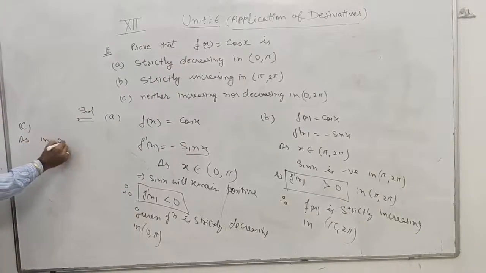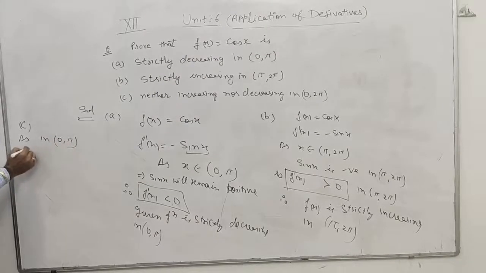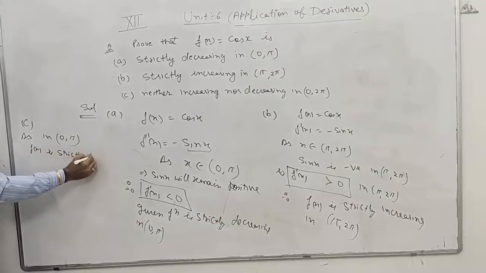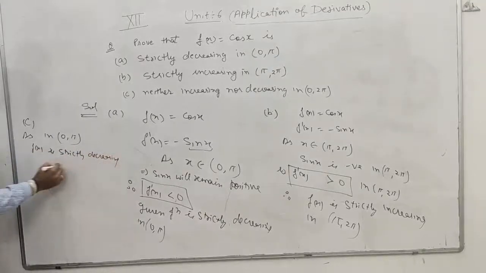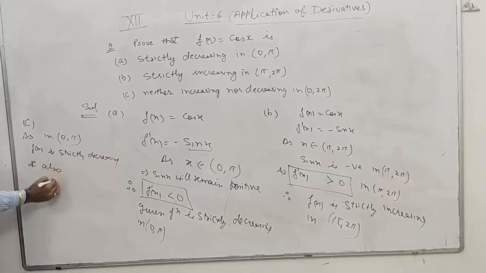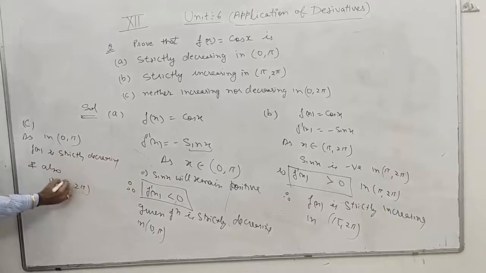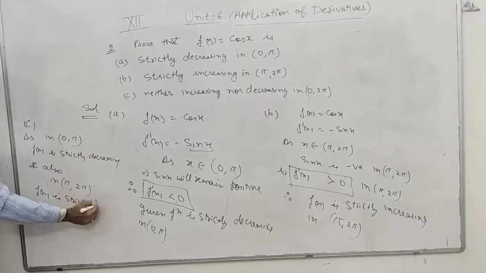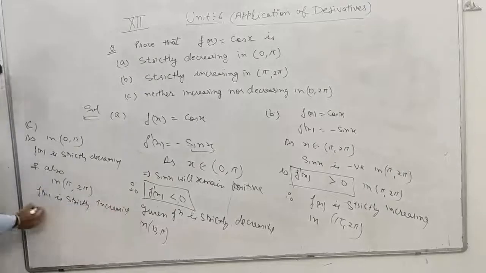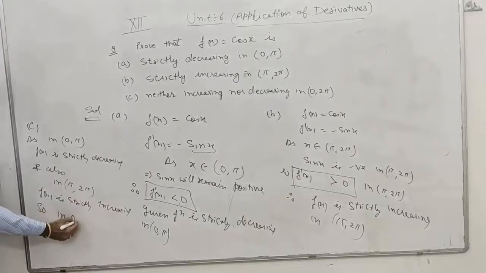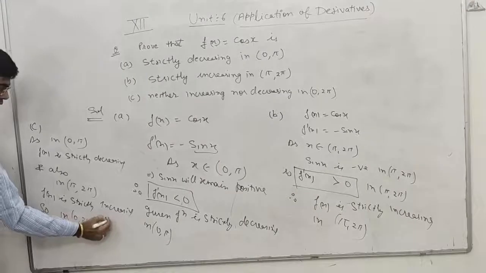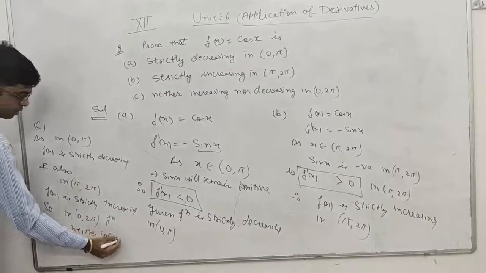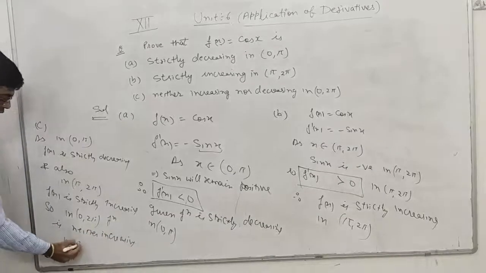As in 0 to pi, f(x) is strictly decreasing, and also in pi to 2 pi, f(x) is strictly increasing. So in 0 to 2 pi, function is neither increasing nor decreasing.